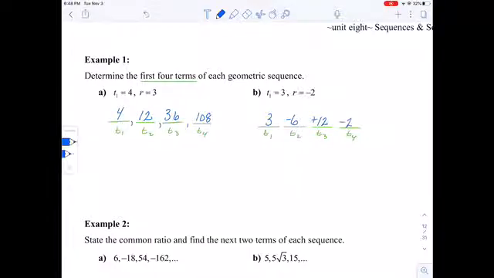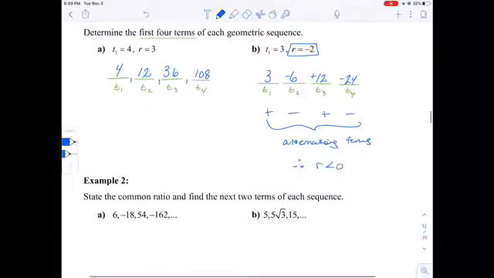Times by -2 is a -24. So if you note, when there is a ratio that is negative, you're going to get alternating terms. If you get alternating terms, therefore, the ratio is less than 0. Our ratio is negative.